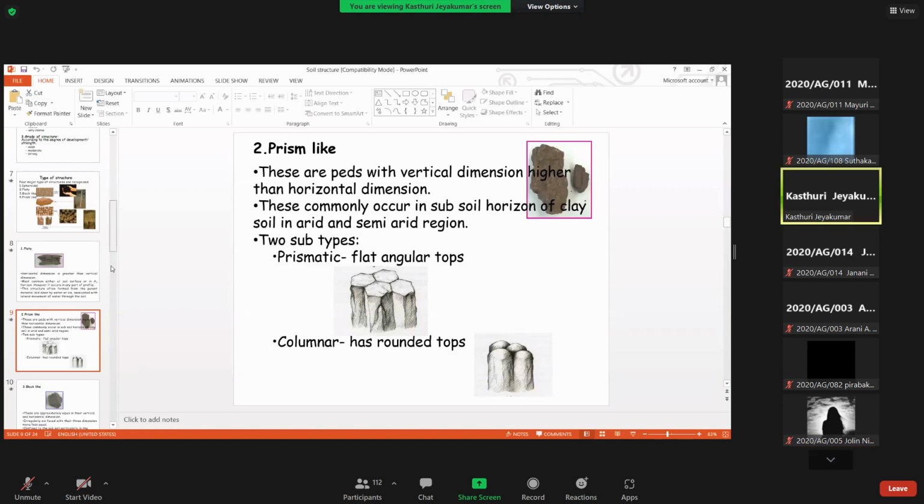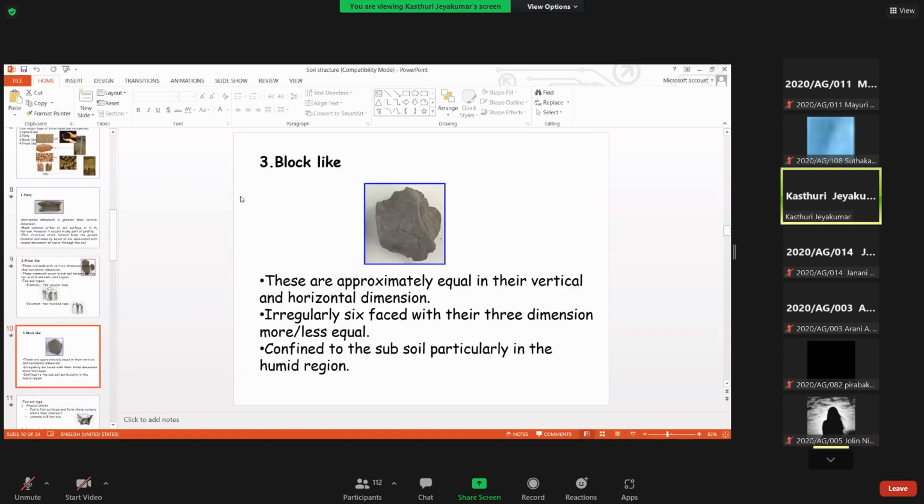So next one, block-like. Here, block-like structure. These are approximately equal in their vertical and horizontal dimension.